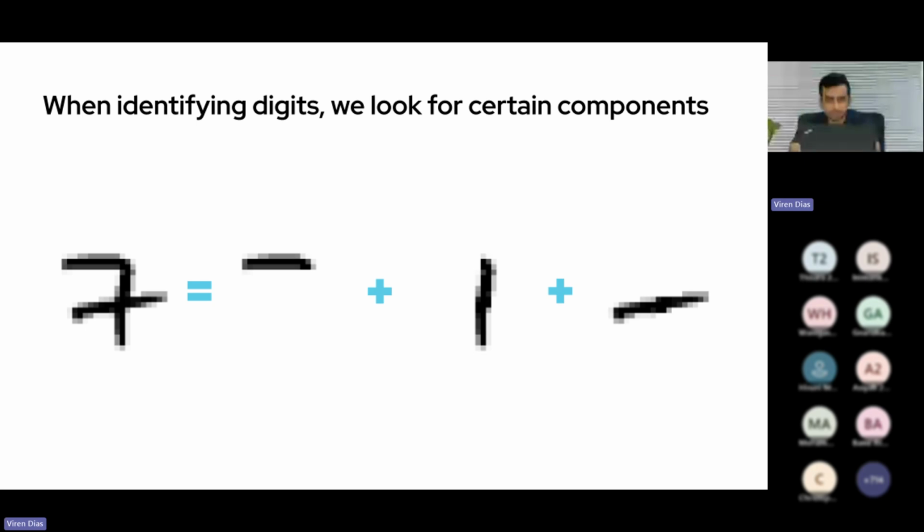And in some cases, depending on how people write their 7s, you might also look for another horizontal line near the middle of the image. Likewise, there are many other components that help us recognize digits, like, for example, a loop for a 0, 6, 8, or a 9, and various other components as well.